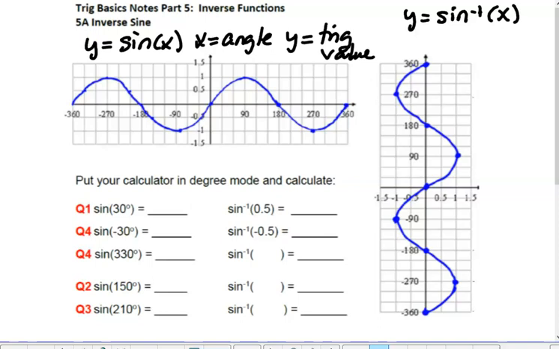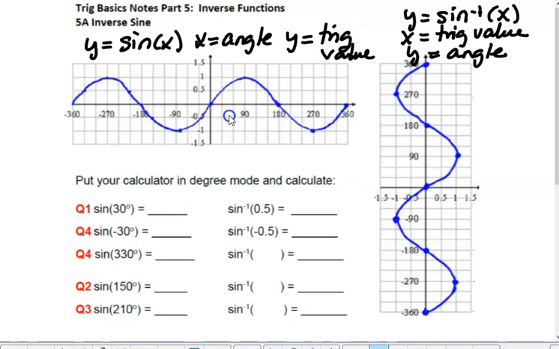You may have recognized that notation when we did inverse functions with a little -1. We had f inverse of x, now we have sine inverse of x. And in this case, x is equal to the trig value and y is equal to the angle. So that's the difference between a function and its inverse: the input and the output switch places.